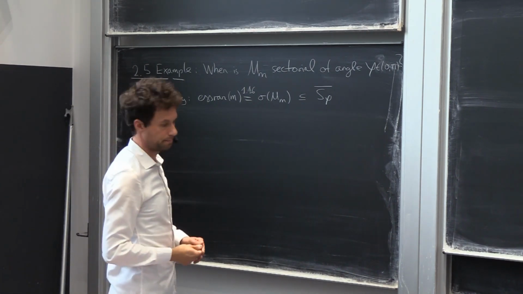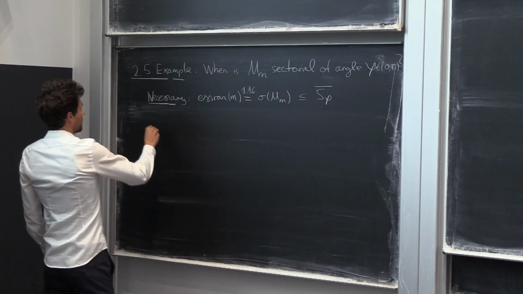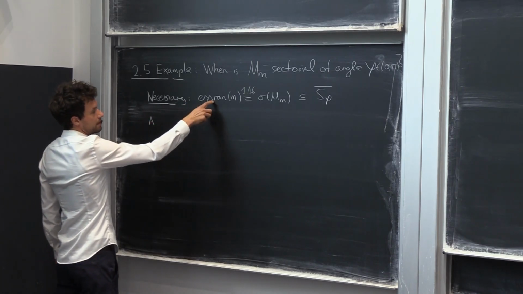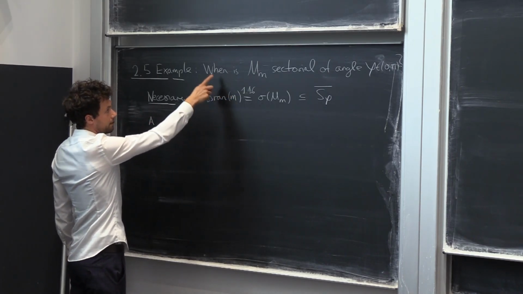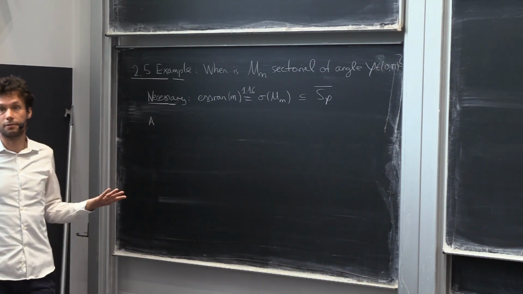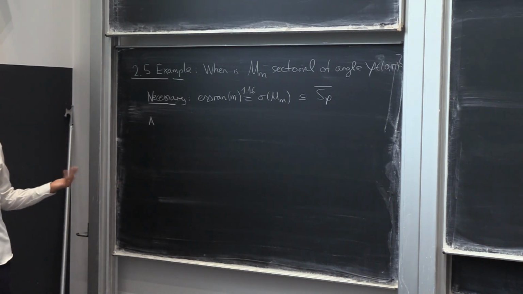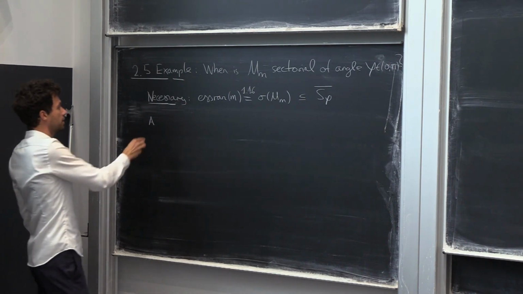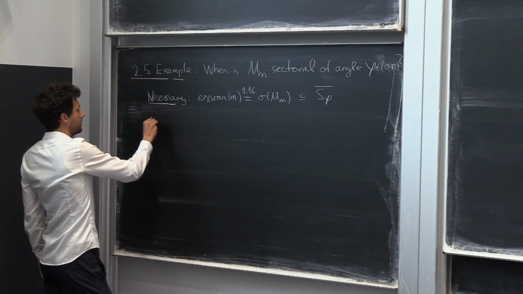That's necessary. So it seems to say that the multiplier function m must have range in the sector for the multiplication operator to be sectorial. Well, it's beginning to look tautological, which is a good thing at this point.